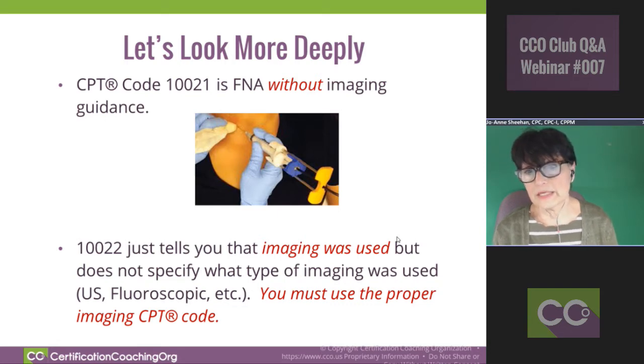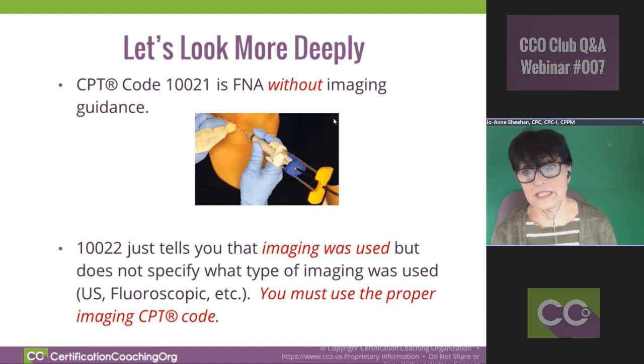But here is another example of the fine needle without the imaging guidance. 10022 just tells you that imaging was used, but does not specify what type of imaging was used, like ultrasound, fluoroscopic. That would be in the documentation. So based on the documentation, you would use the proper imaging CPT code.